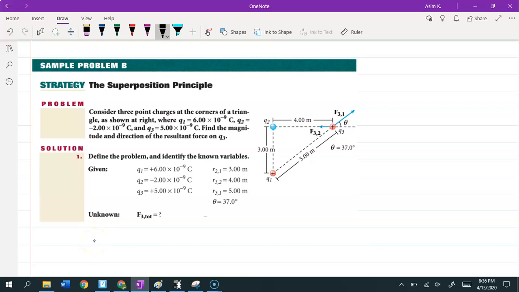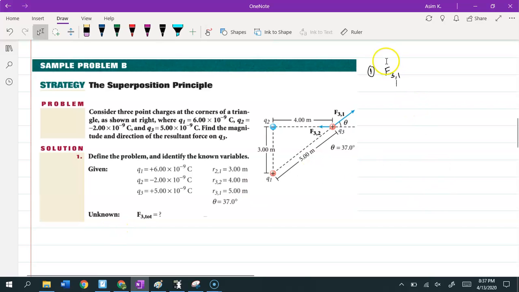So step number 1 is we're going to find each one of the forces. The first thing that I write down is the force that is exerted on charge 3 by charge 1. See how I said that and then I wrote it, right? I wrote F sub 3 comma 1.